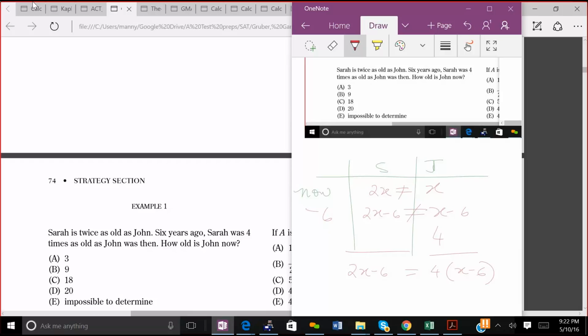Okay. So 2x minus 6 equals 4x minus 24. Get the x's on each side. Minus 2x, minus 2x.